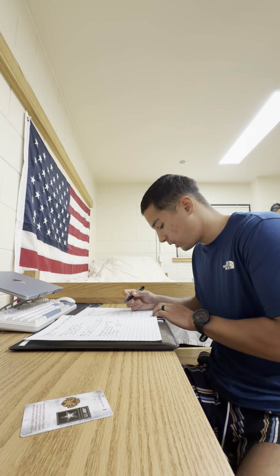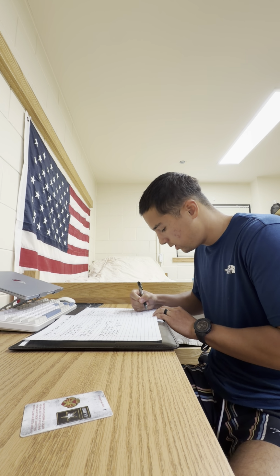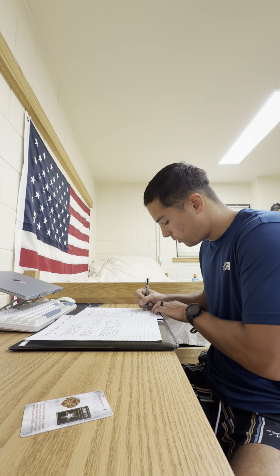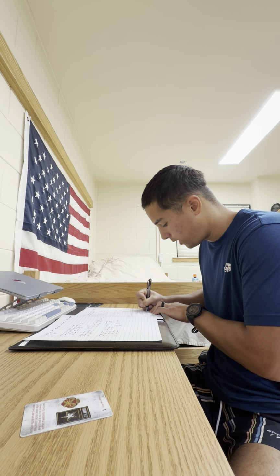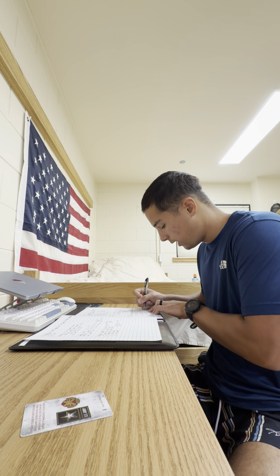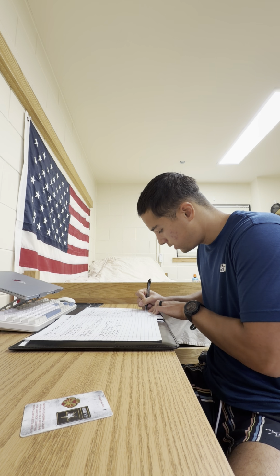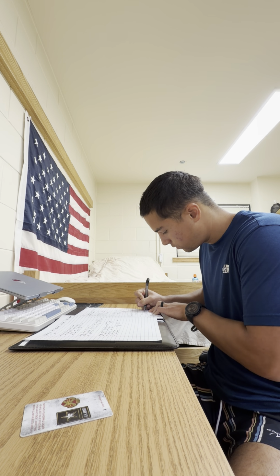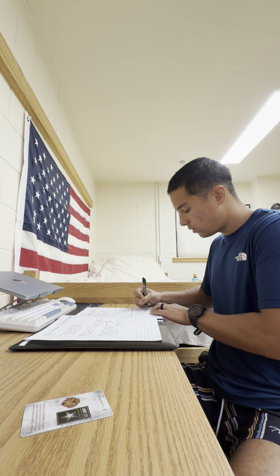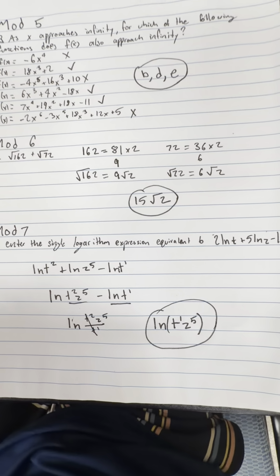From here, we're going to cancel out one of the t's. Now we're going to have no fractions, and our final answer is ln, 1 t still remaining, z to the 5th. And this is going to be our final answer for mod 7.